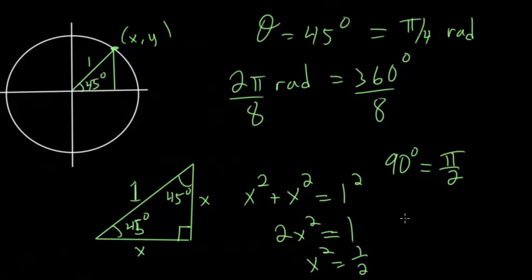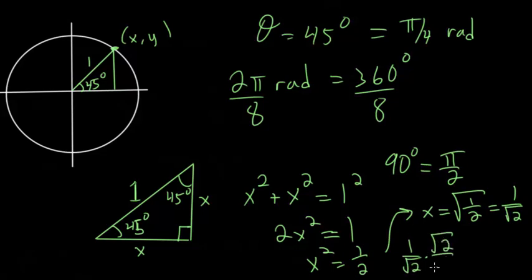And from here, we just have to take a square root of everything. So we get x is the square root of 1/2, which you can take a square root of the top and the bottom, so you get 1 over the square root of 2. But we want to rationalize that so we can get rid of the square root in the denominator. So we're going to multiply the top and the bottom by root 2 over root 2, since we're just really multiplying by 1.